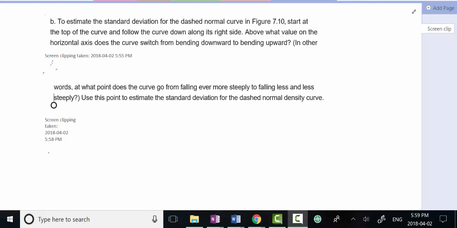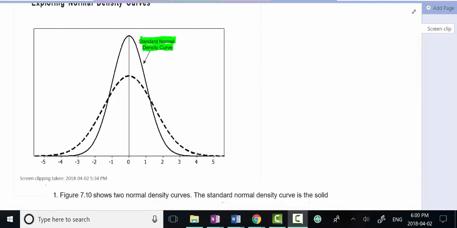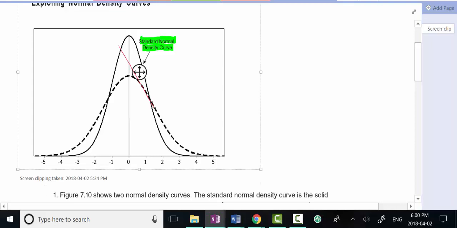You identify this because it's the value on the horizontal axis where the curve switches from bending downwards to bending upwards. I'm going to show you a way of doing this. I'm going to take a ruler and draw a straight line on the curve, and then identify the 2 points where the straight line is just leaving the curved portion of the dashed line.